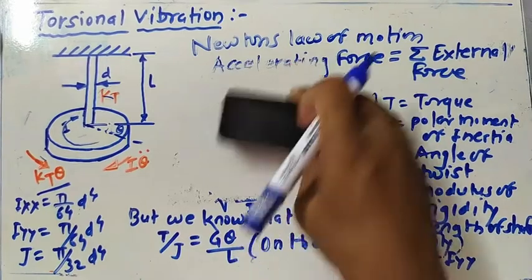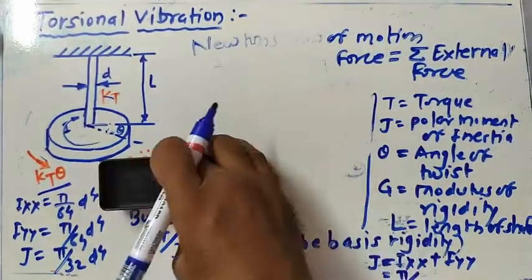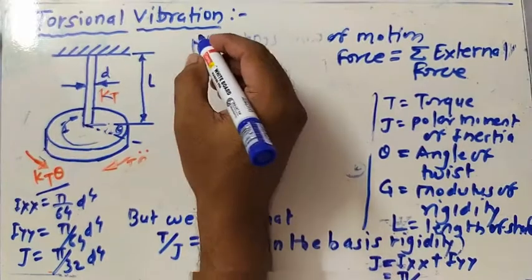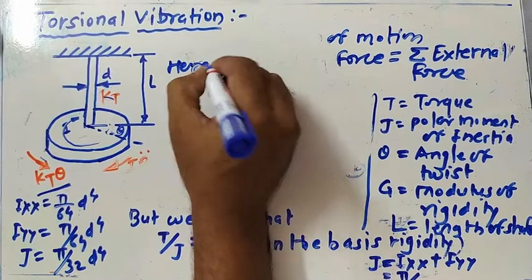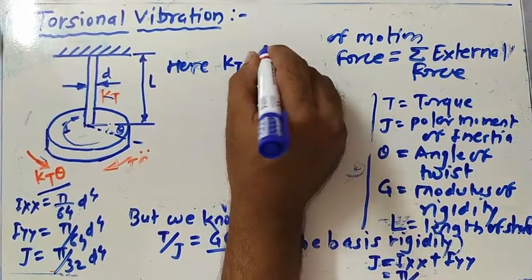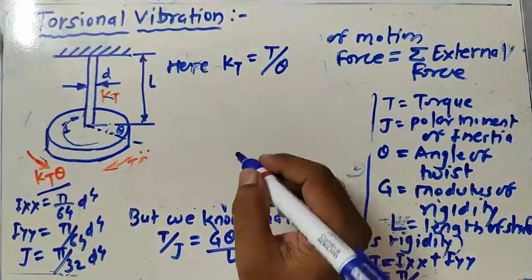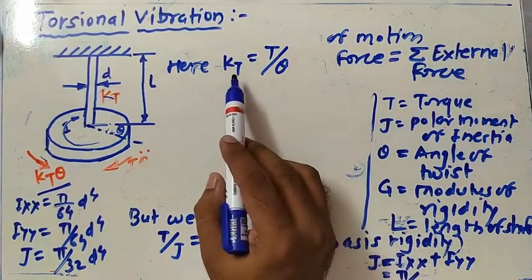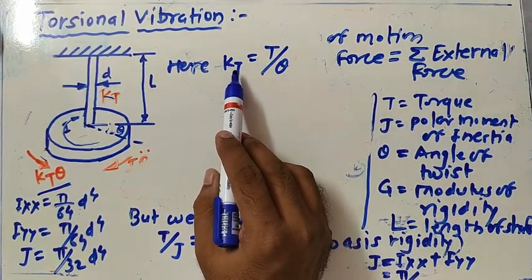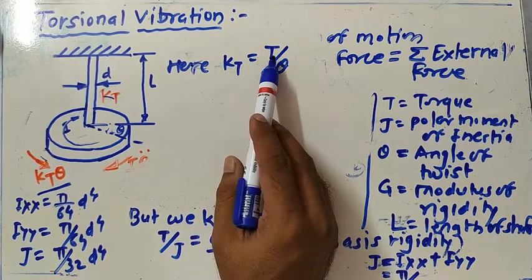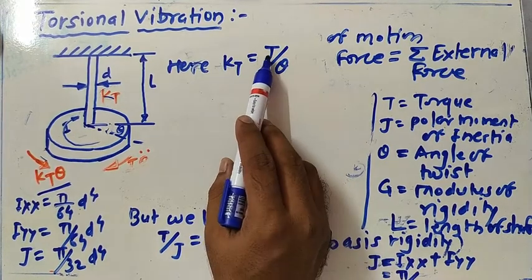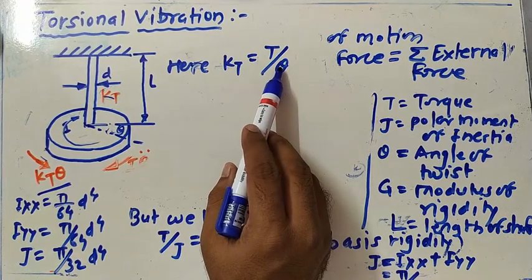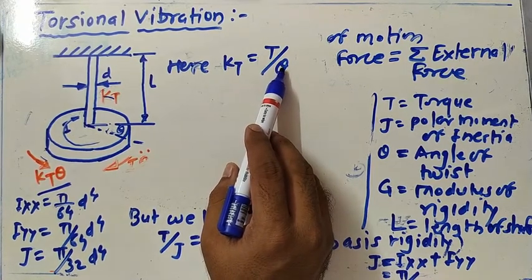Here we know Kt is nothing but T divided by theta. As per our earlier discussion, in the case of a spring mass system, K is the applied force divided by deflection or displacement. In this case, T is the torque and theta is the angle of twist or torsional deflection.